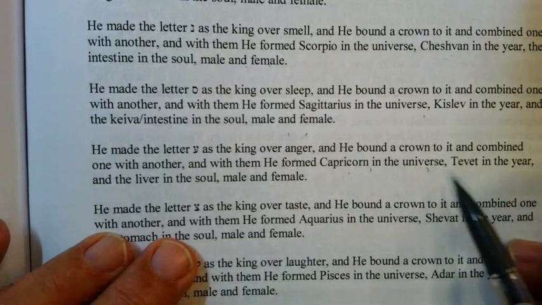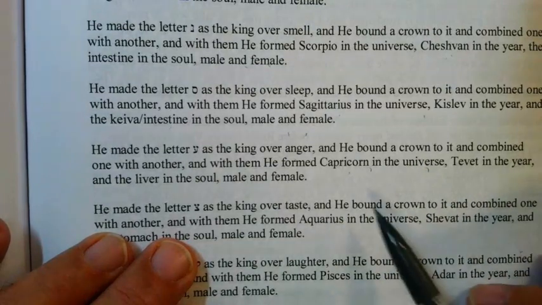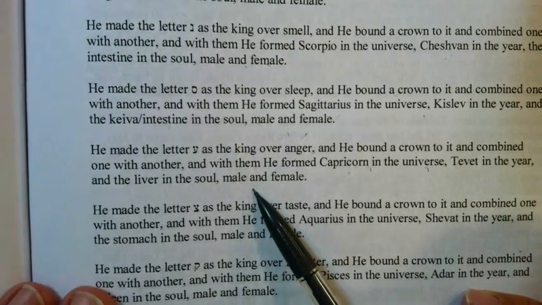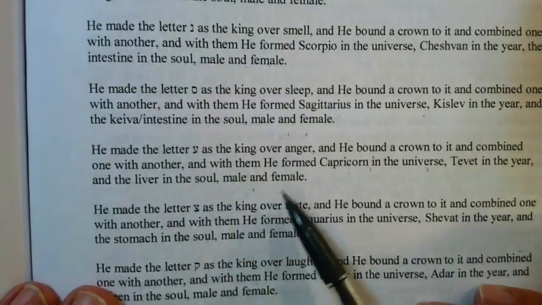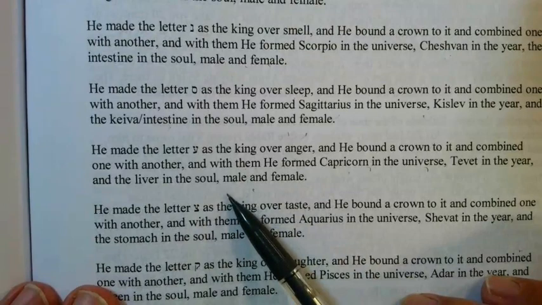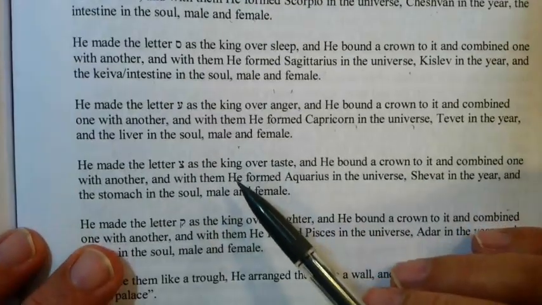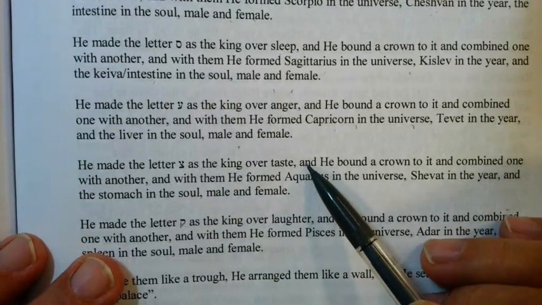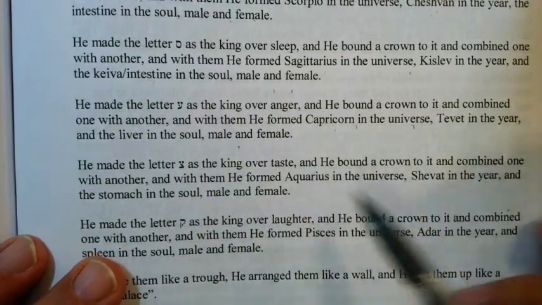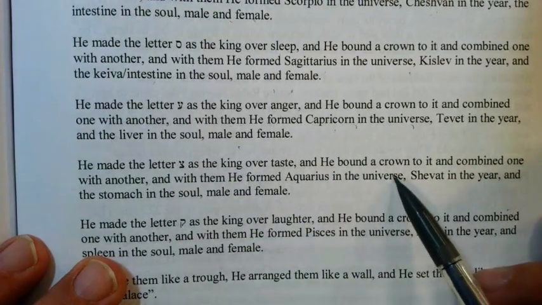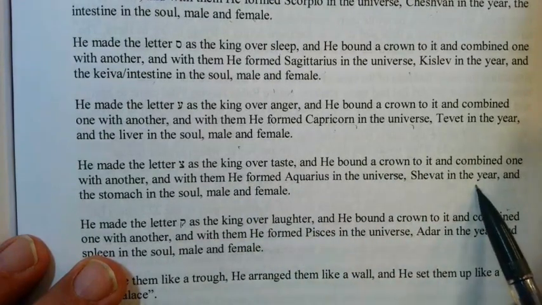He says this Capricorn also reflects Tevet in the year, which is December, Xmas time, and the liver in the soul, male and female. The liver in the soul. It's a difficult concept. He made the Tzadi as the king over taste, and he bound a crown to it and combined one with another, and with them he formed Aquarius in the universe, Shvat in the year.